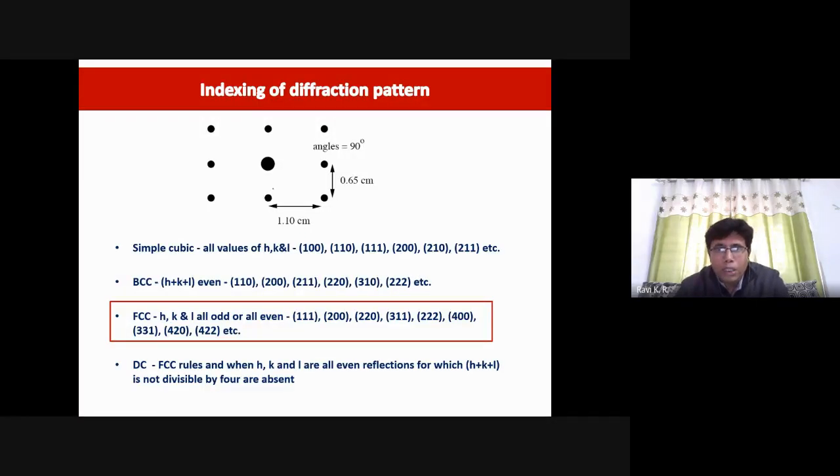From this image, what we came to know is this distance is 1.1 centimeter. This distance is 0.65 centimeter. That is possible. If you print this on a paper, use a scale and identify the distance between the central spot and one spot and another spot.